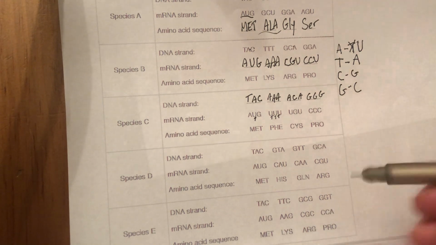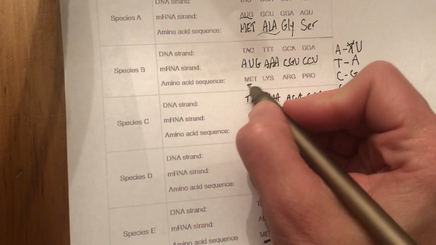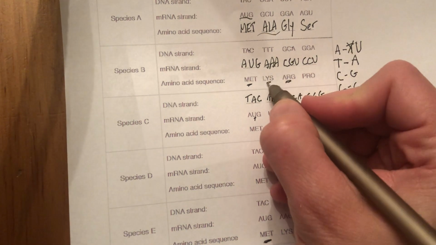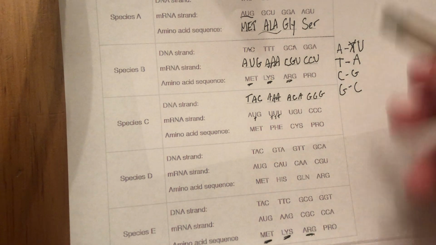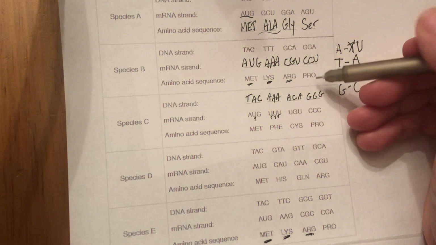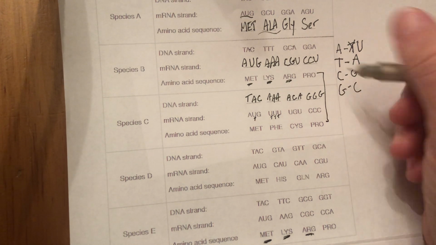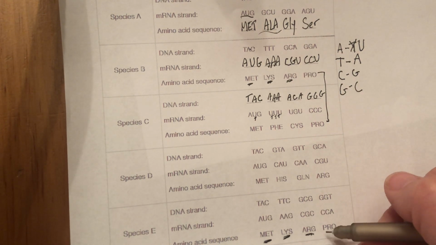So we've got an arginine here, we've got a methionine here, we've got a methionine here, and an arginine here. We've got a lysine here, and a lysine here. So far, those two are the most similar. Serine, proline, proline. All right, so there's a similarity between these two here. Arginine, proline. We've got another similarity here, okay?